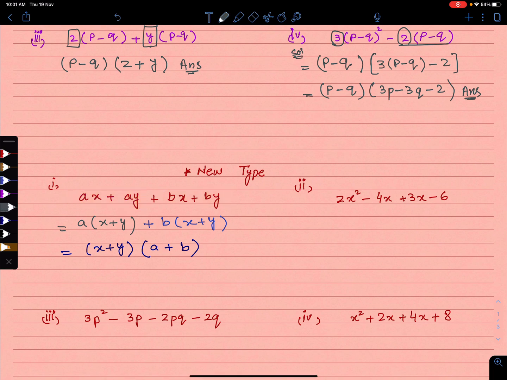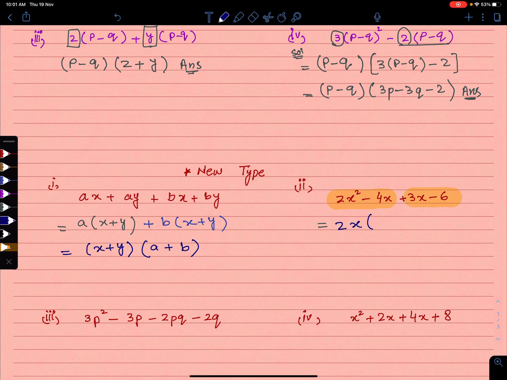So look at the next one, 2x square minus 4x. Again I said make pair of first two and then pair of last two. If you make the pair of first two, you will feel that we have two common, x square and x, there would be x common as well.